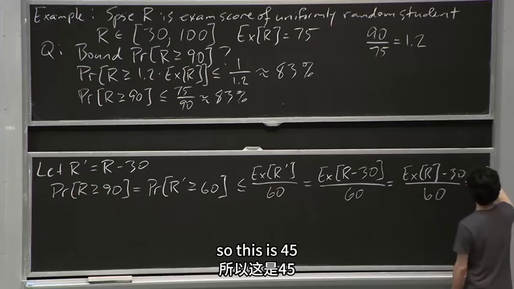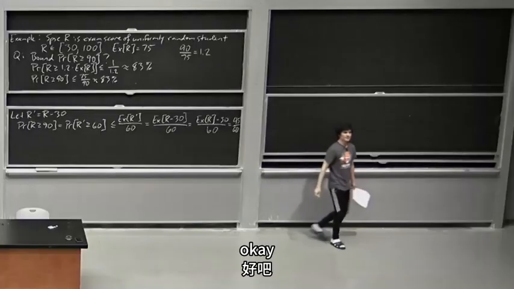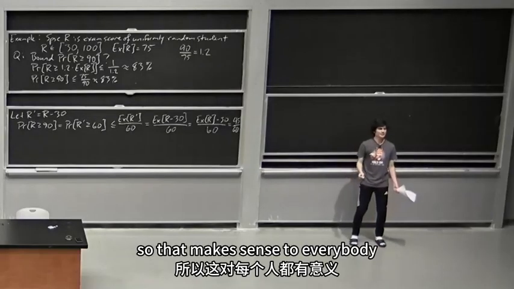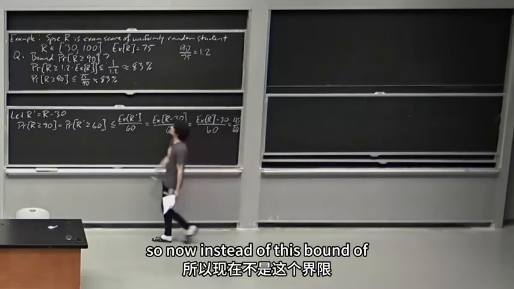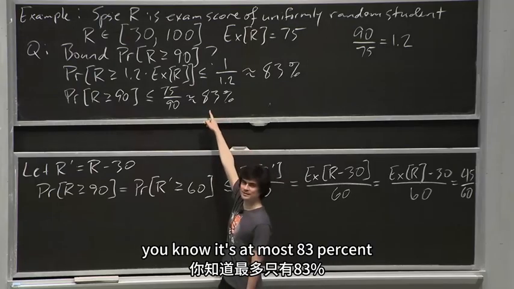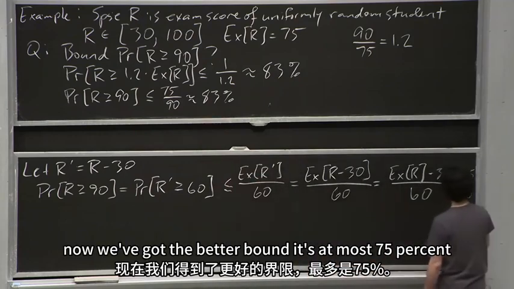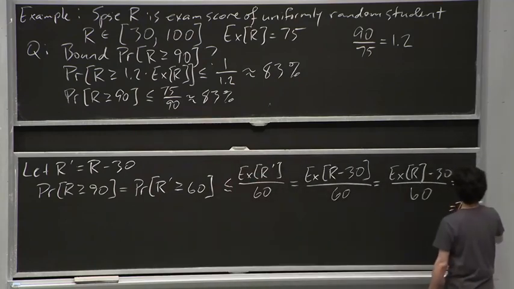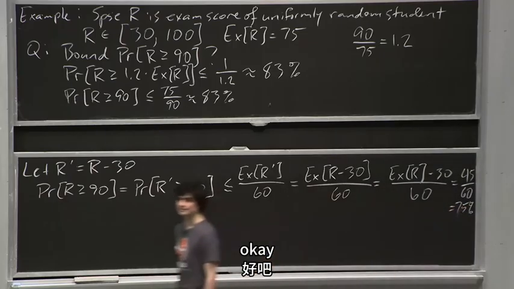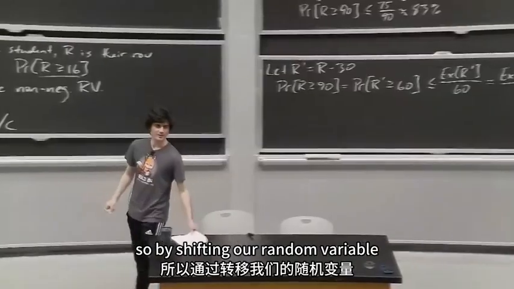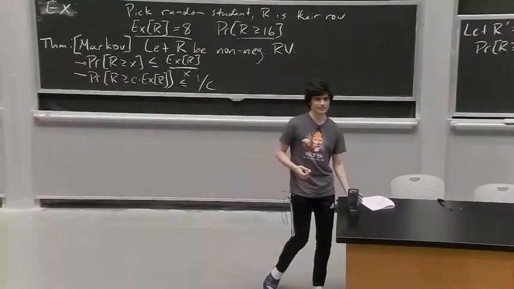So this is 45 over 60. Does that make sense to everybody? So now, instead of the bound of at most 83%, we've got a better bound, at most 75%. So by shifting our random variable, we've managed to get a tighter bound.